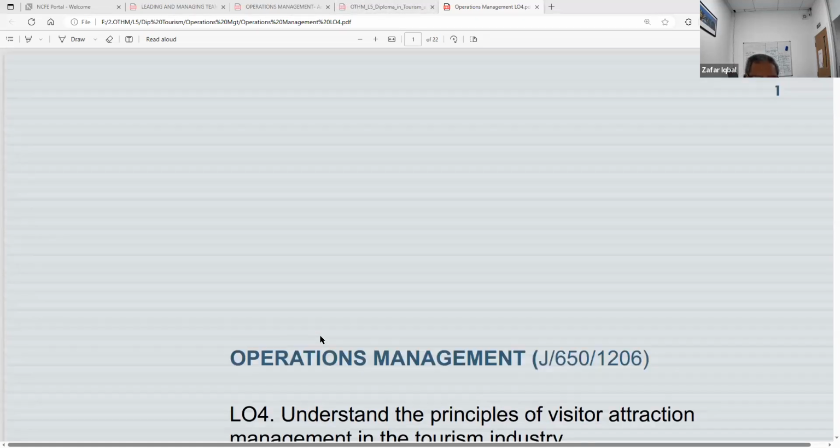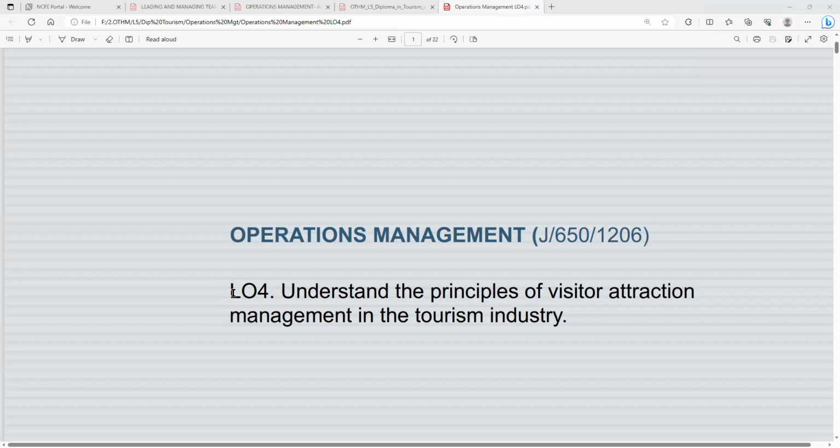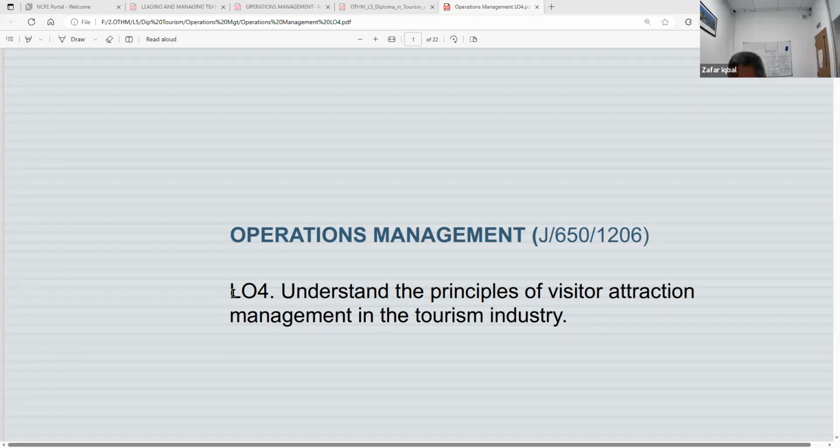So what did we do yesterday? It was on the 17th. Was it Monday? We did external factors, like political, economic, social factors, the PESTEL factors affecting operations management.